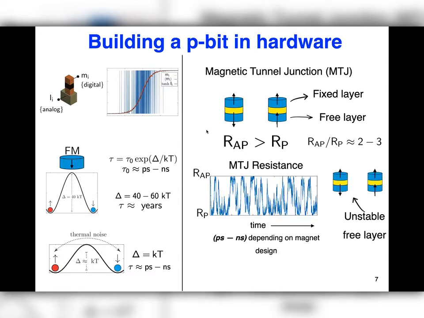And this is a very curious thing: you can have a two-terminal resistance that's just sitting there at room temperature, and you're looking at its resistance as a function of time, and you would see that this resistance is changing its state by a factor of 2 or 3, even if you're not doing anything. And this can be picoseconds to nanoseconds, depending on the magnet design. Okay, that's very intriguing, because this is going to be a very useful building block for a qubit, where you're really getting the most expensive random number generation for free.